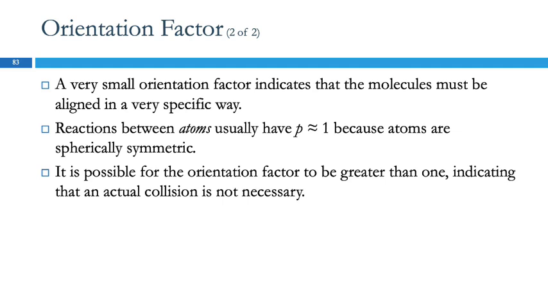They're spheres. So you can't say, well, you bumped into the wrong side of the hydrogen atom. It's the same all the way around. So two atoms bump into each other. There's no alignment issue. There's no orientation issue.